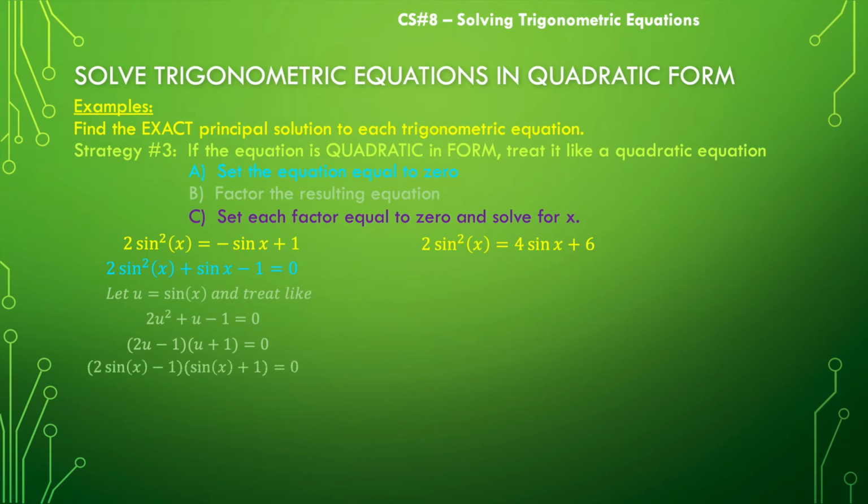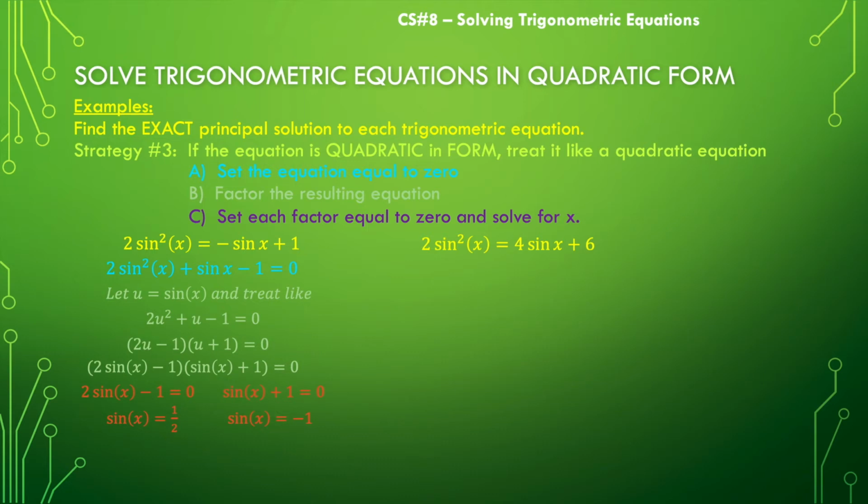And now I'll back substitute my trig function. So I'd have 2 sine of x minus 1 times sine of x plus 1 is equal to 0. Set each of those factors equal to 0 and isolate the trig function. So the sine of x is equal to 1/2 and the sine of x is equal to negative 1. And so I'll get 2 answers out of that first equation and 1 out of the second.